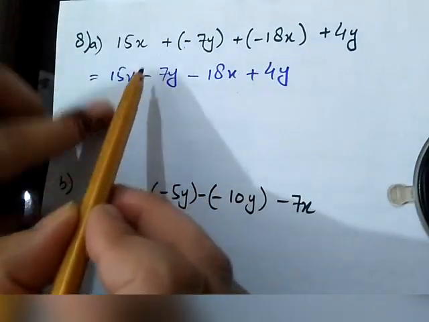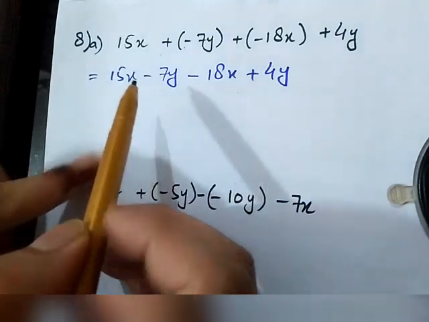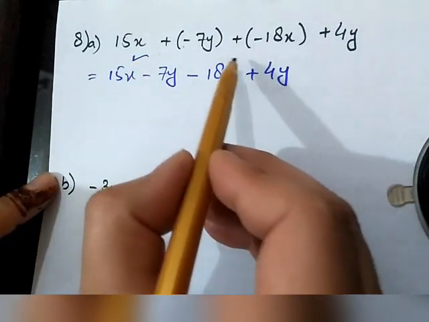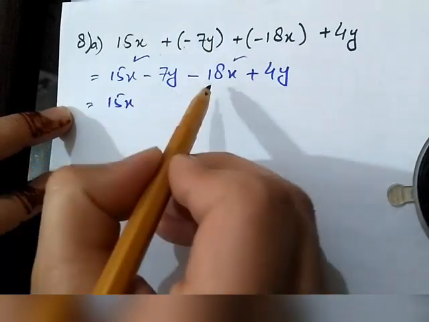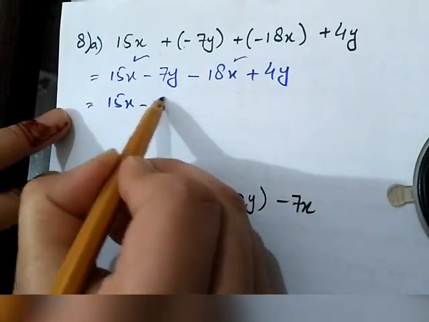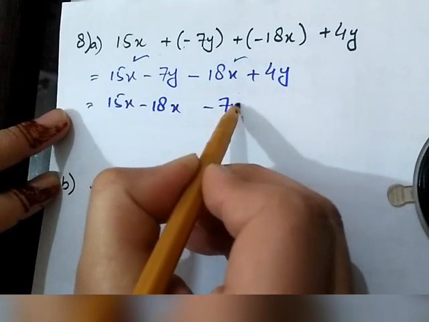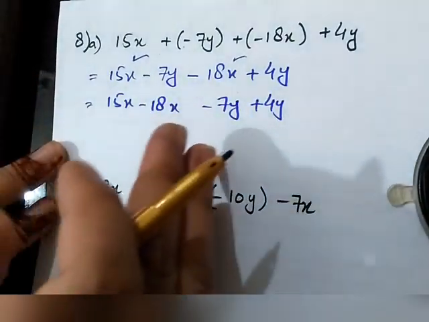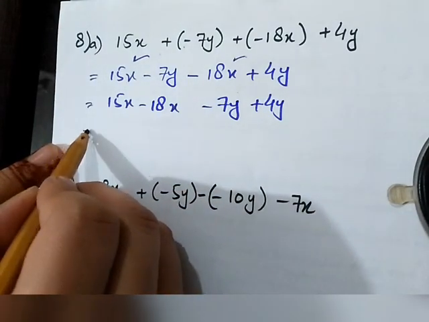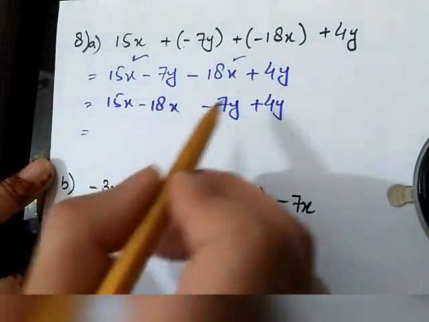Whenever there is a positive sign, the inner sign will remain the same. Now we arrange the expression, write down the x terms together, 15x minus 18x and minus 7y plus 4y. Here we just arrange our expression, writing the same variables together.